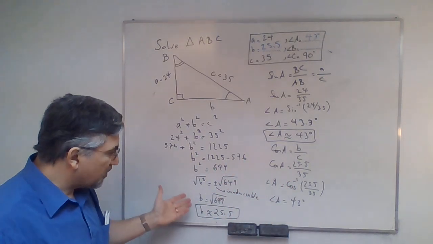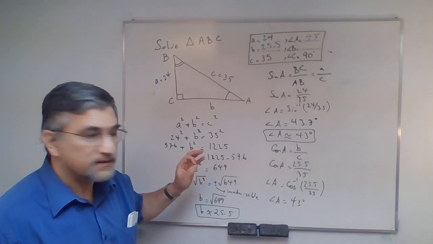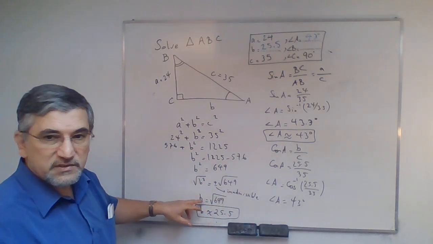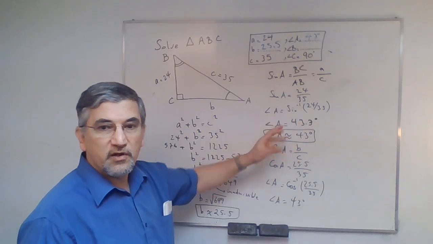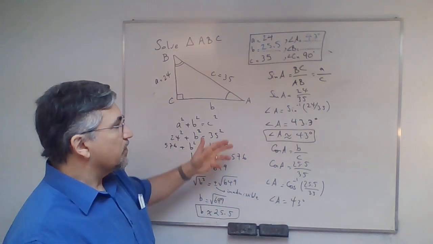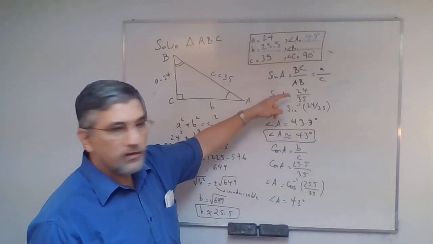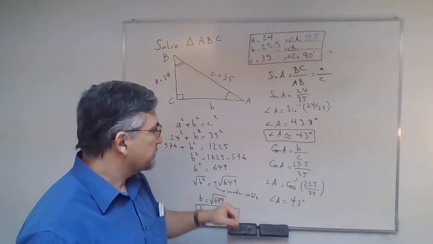I'm not saying that there was an error involved here either, because 25.5 was the perfect right answer. But what if we would make a mistake here and we would grab this wrong answer, plug it in the formula, and find another wrong answer? So that's a lose-lose situation. So it would be better to use 24 and 35 that are given values. This has nothing to do with math. This is just pure logic.